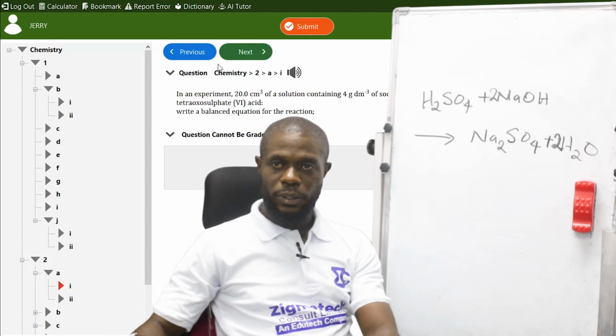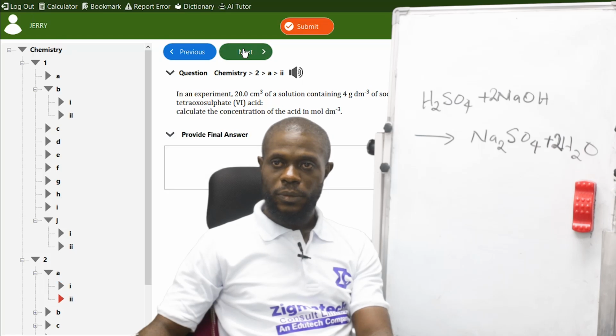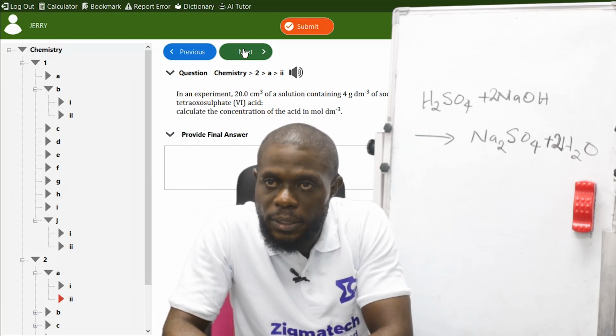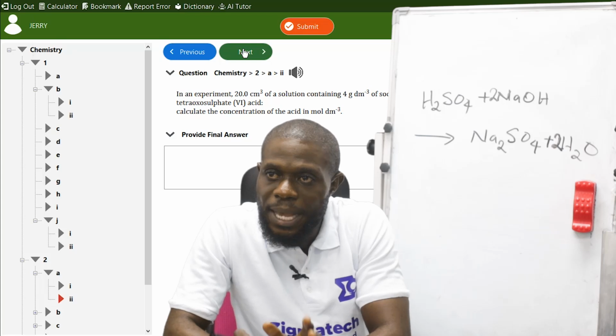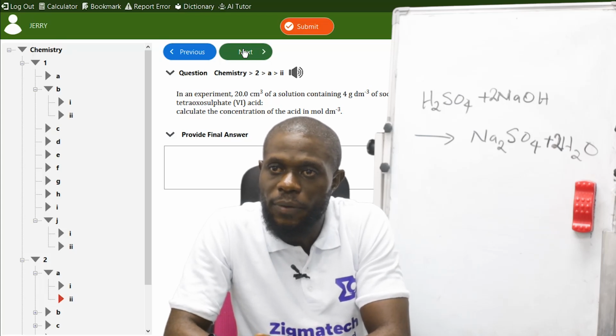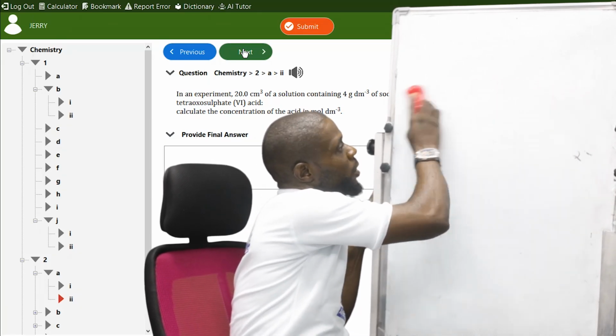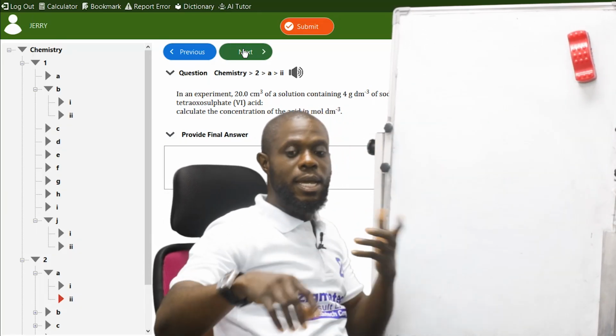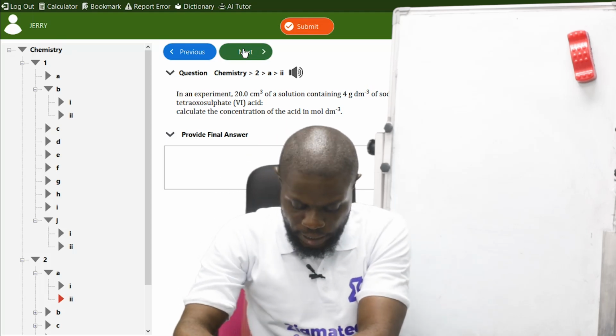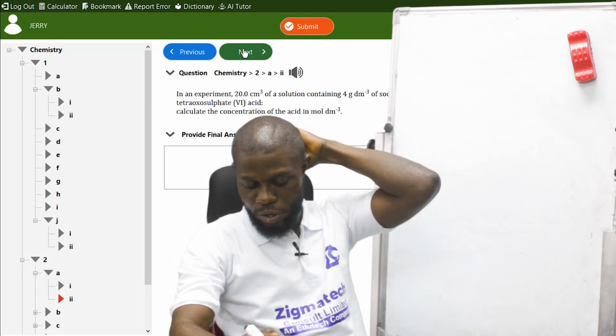Now the next question. In the same experiment, they say calculate the concentration of the acid in mol/dm³. In the same question they gave to you, they just say calculate it in mol/dm³.